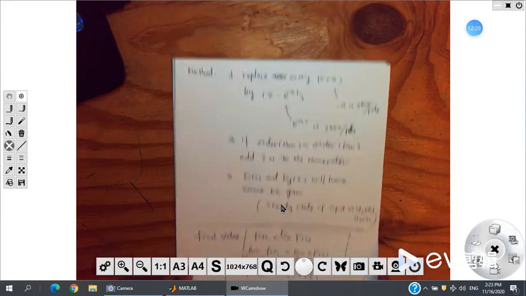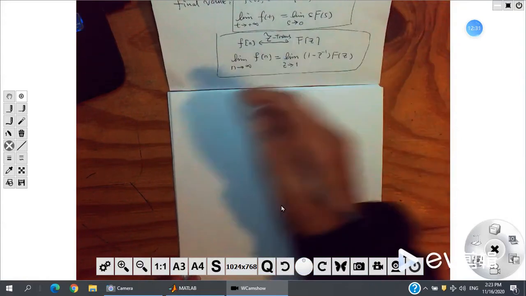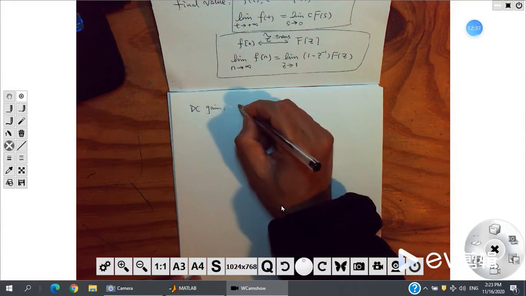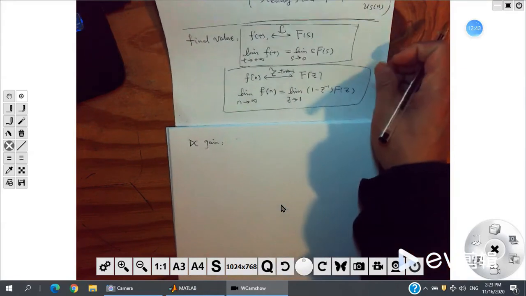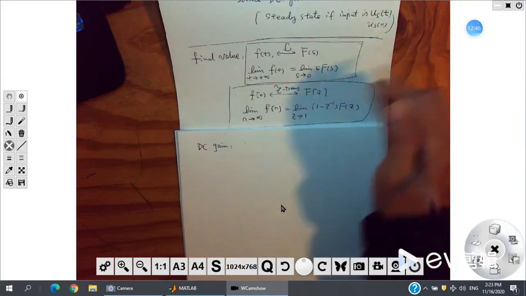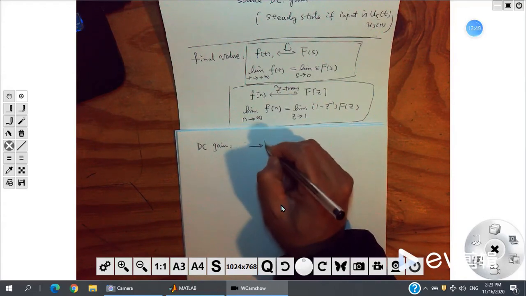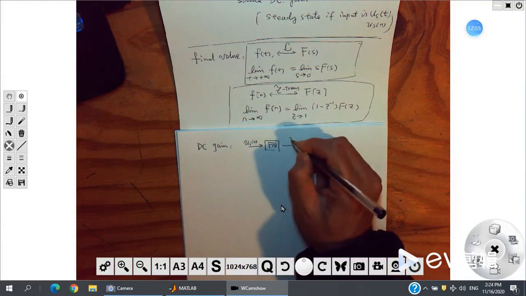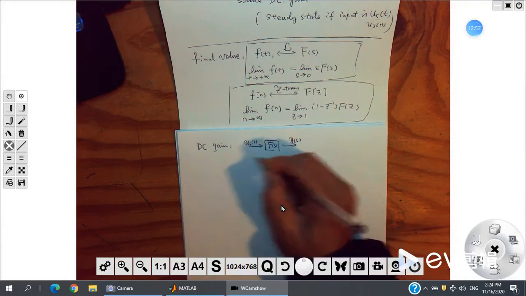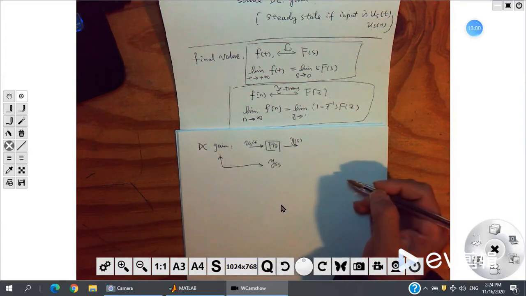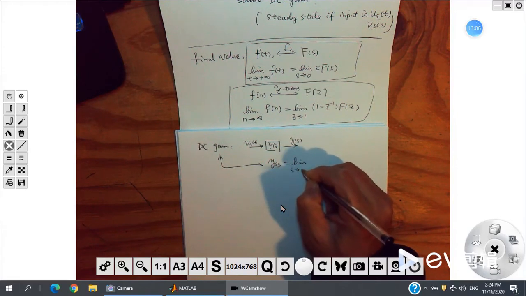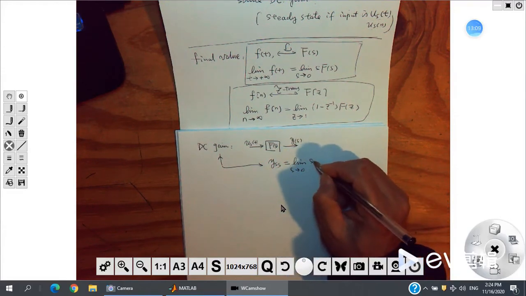Then the DC gain. For D(s), or F(s), this is in general, not just for our computer. If the input is u_s(t), then here is Y(s), then y_ss will be the limit as s tends to 0 of s times capital Y(s), right?